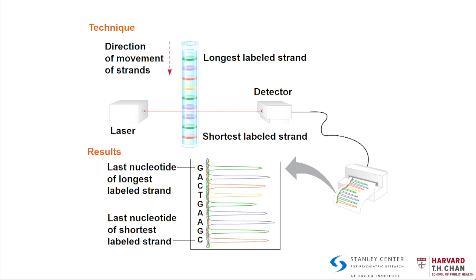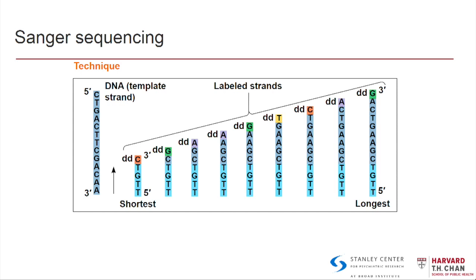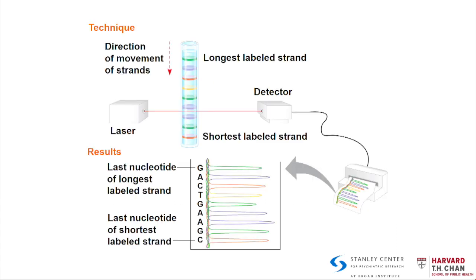So this is how you can assess what nucleotide is at that position. And because, as we saw before, the length of the strand tells us how long that fragment is and therefore what position in the DNA sequence that nucleotide is, by sorting the strands by length, we can get the order of bases.